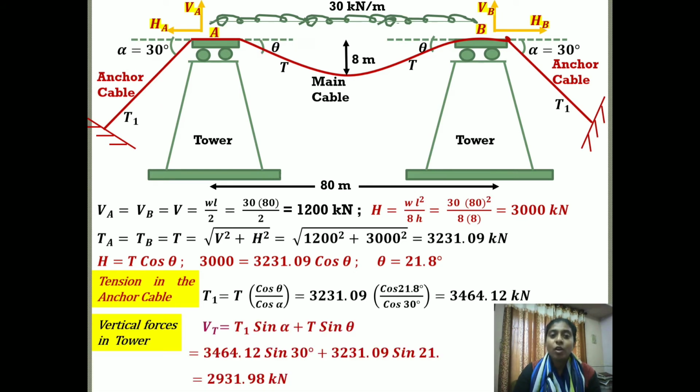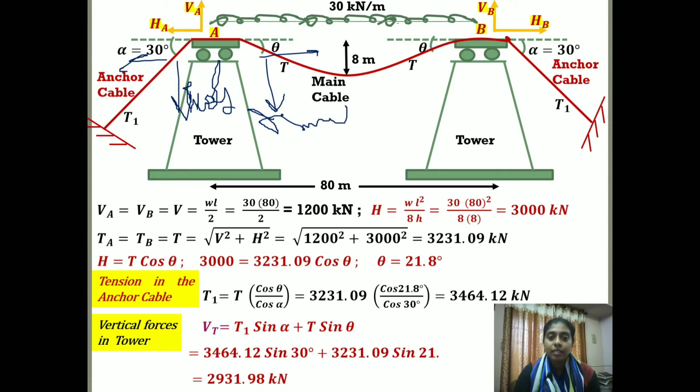Now, resolving the vertical components, T1 can be resolved into horizontal component and vertical component. Equating the vertical components, this is T1 sin alpha, and this is T sin theta.